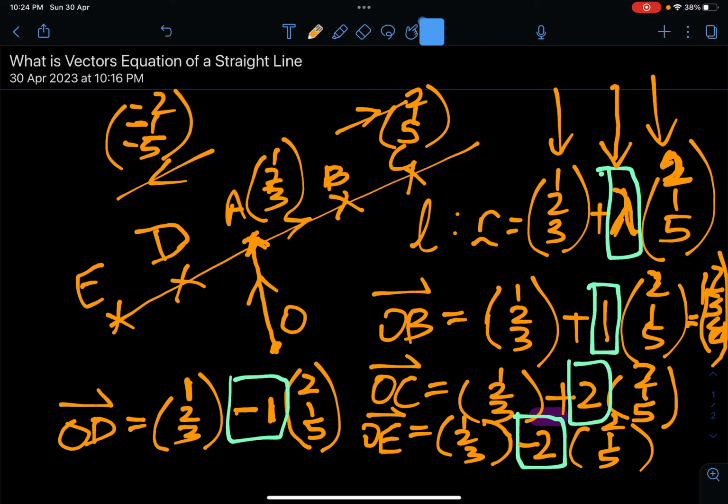So this simply means the vector of every point on the line by varying lambda. This will give you more insight into what the vector equation of a straight line really means.